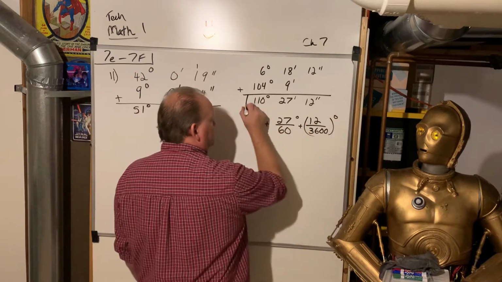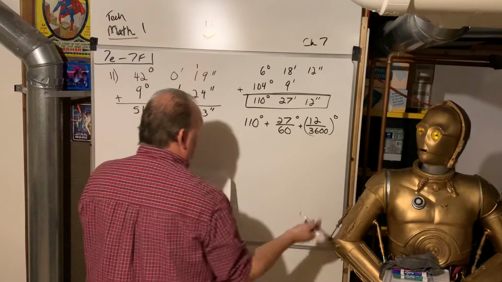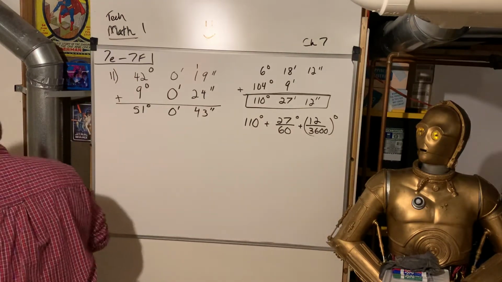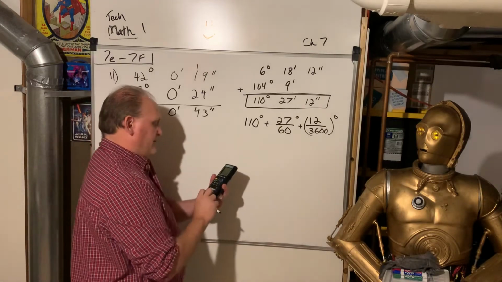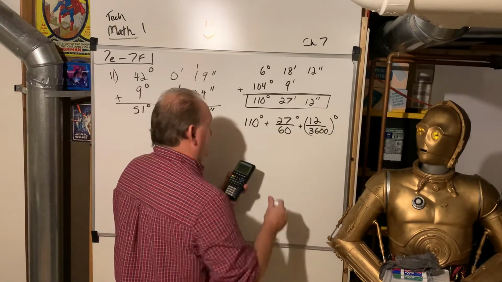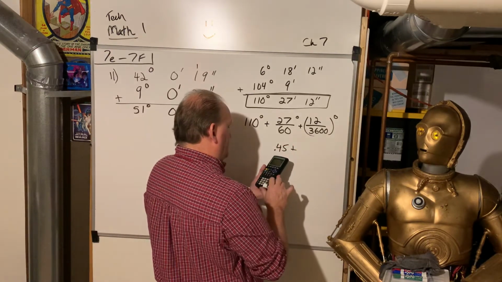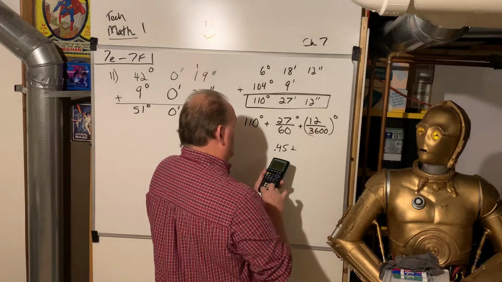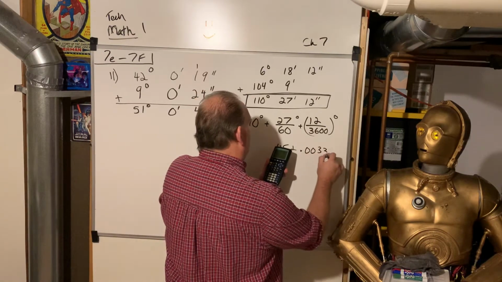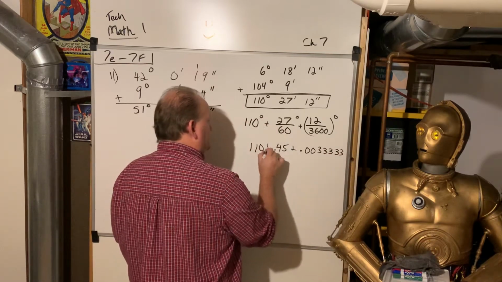And so this is what it looks like in degrees, minutes, seconds. This is going to be just all in degrees. So if I did that, 27 60ths is 0.45, and 12 3600ths is 0.0033333333 forever, and 110 still is 110.